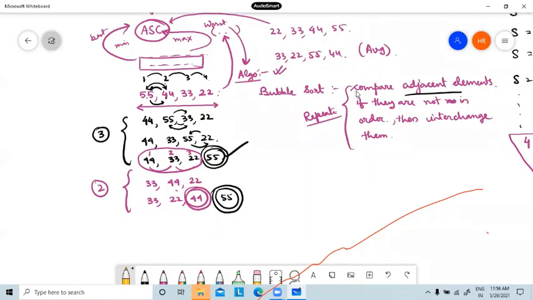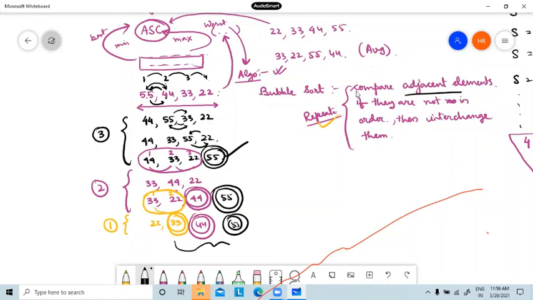Next, I have to repeat for the rest. This is first, this second, I will compare, not in order, so I will interchange. How many elements? 2 elements. So 1 interchange, and after that I will get 1 element sorted. Already 2 elements are sorted, and this is the third one. So among my 4 elements, 3 elements are sorted.